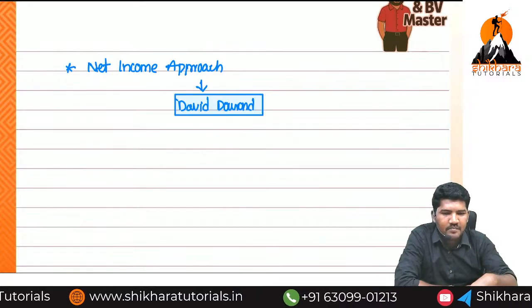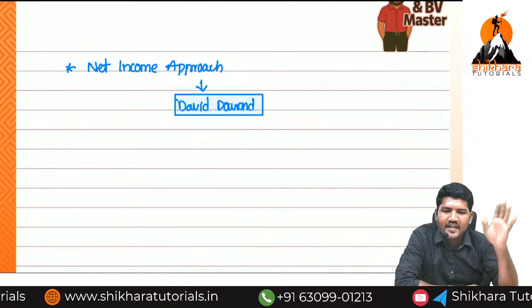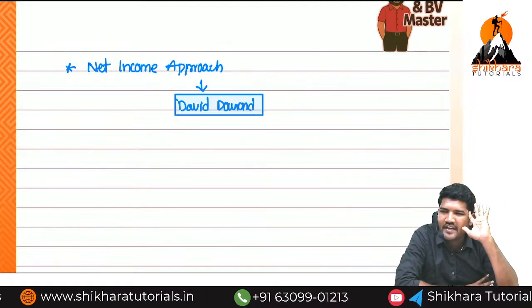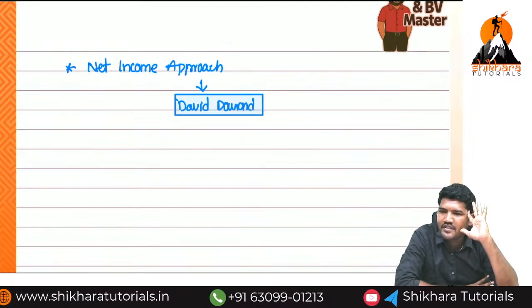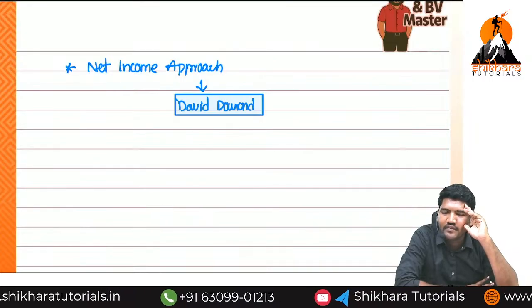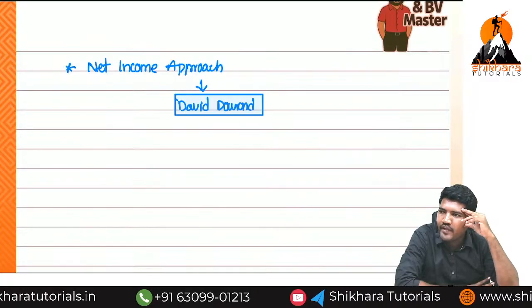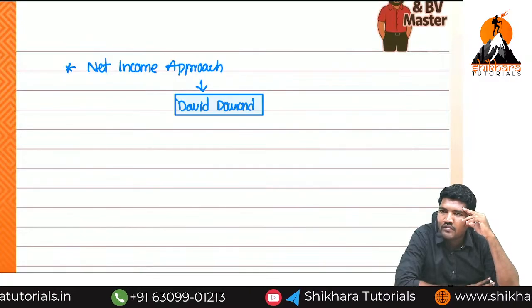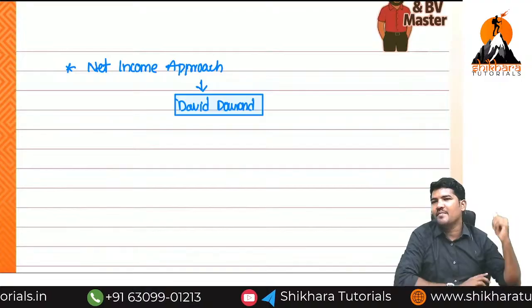It's a practical example also. This net income approach is followed by a lot of people in India. The first person is Vijay Mallya. The second person is Nirav Modi. All these people follow this net income approach only.